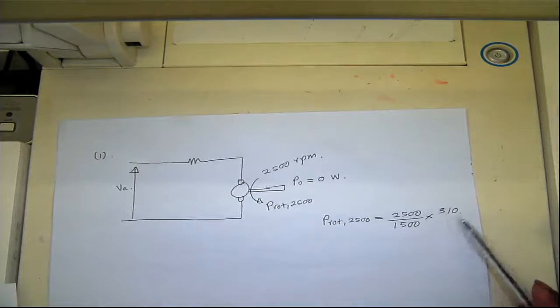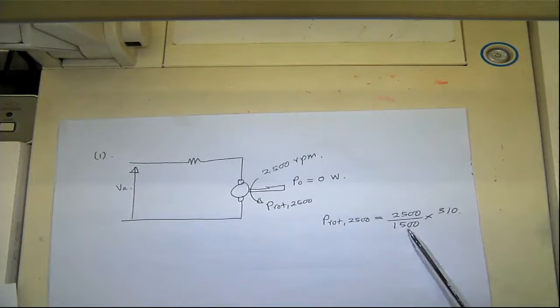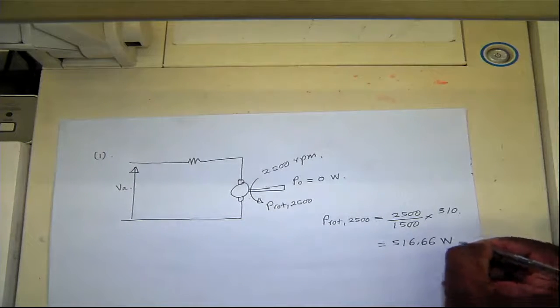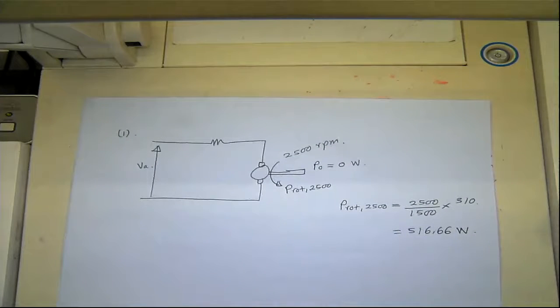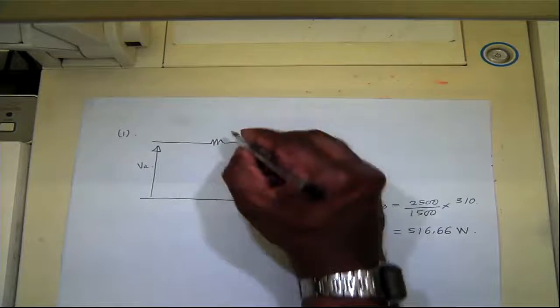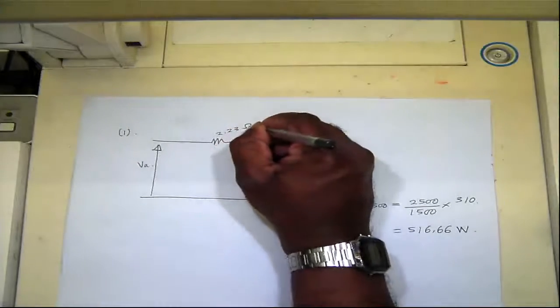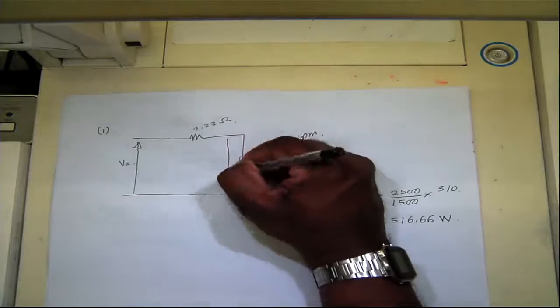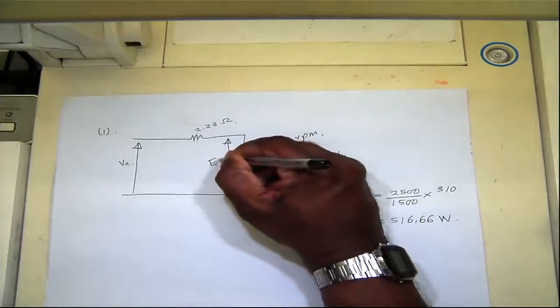We have 310 watt at 1500 RPM, and we need to find how much it will be at 2500 RPM. So we have 516.66 watt of rotational losses. The armature resistance is 2.23 ohm.